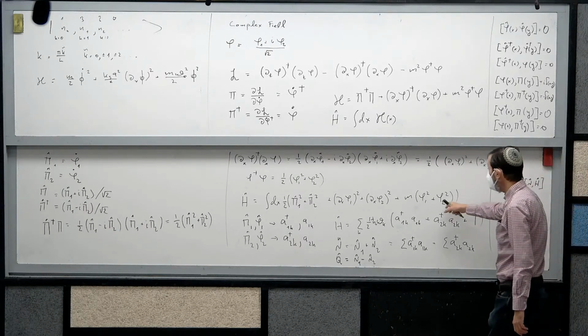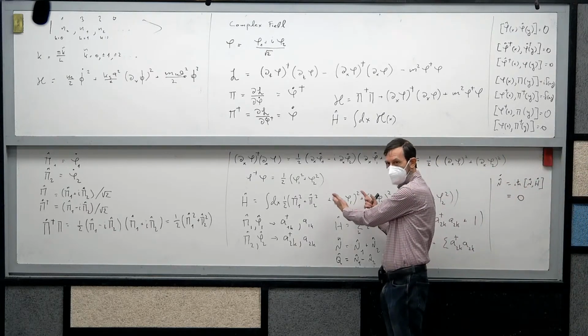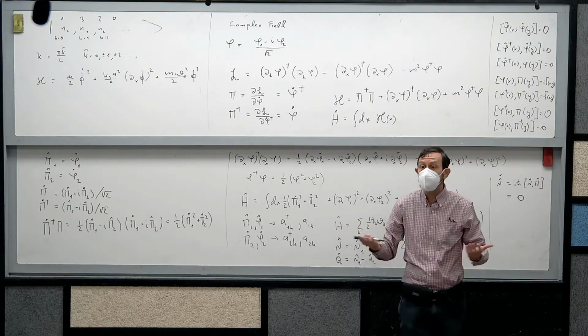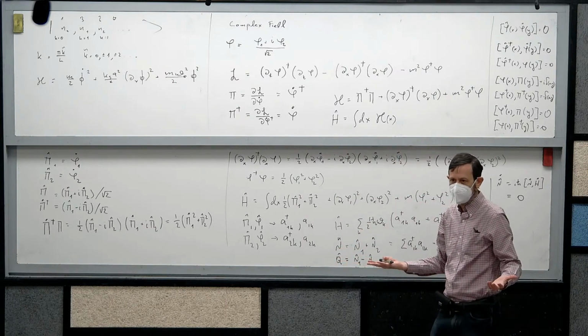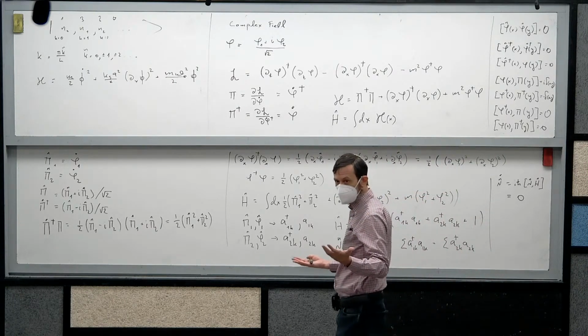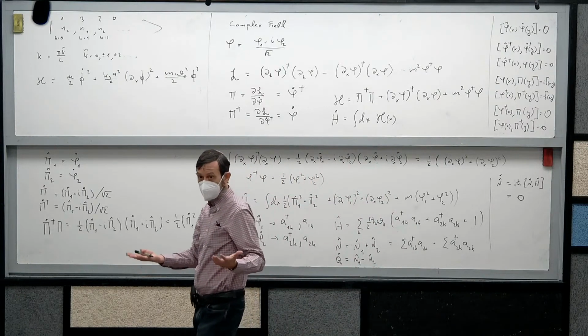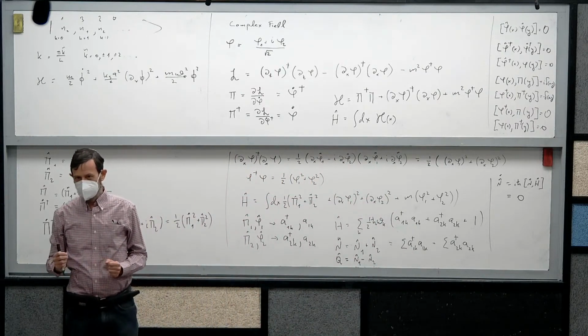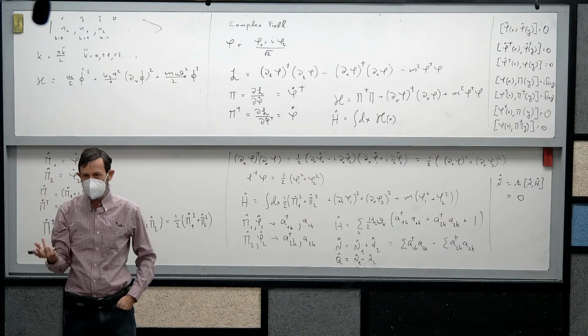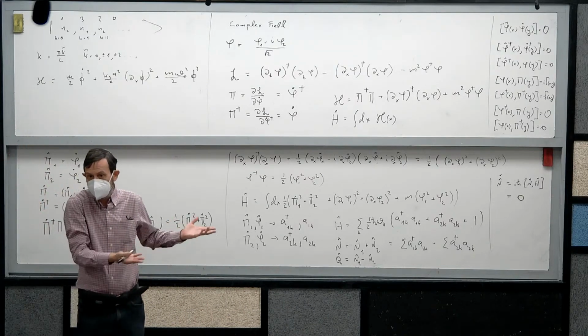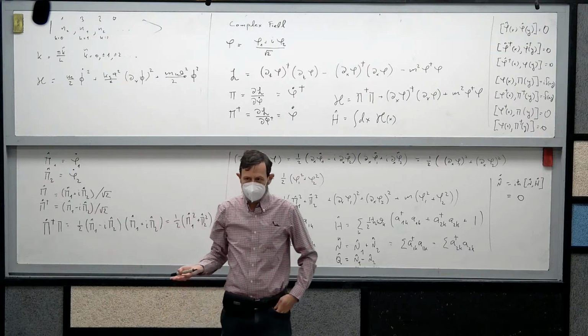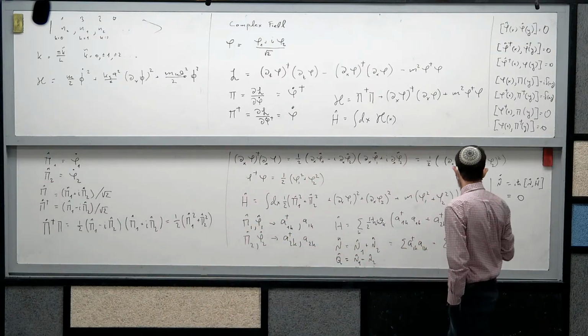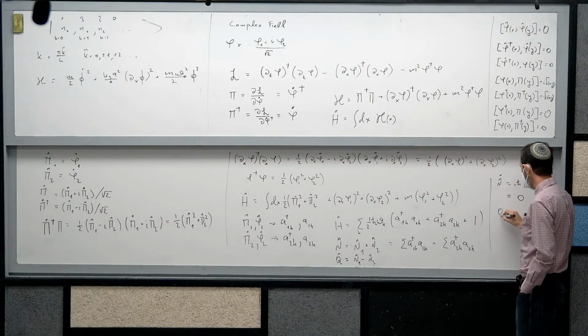Exactly, I have no coupling between phi 1 and phi 2. They can't move from one state to the other. So not only energy conservation, they can't move from one type of particle to the other one. I didn't give them any way to do it within this Hamiltonian.